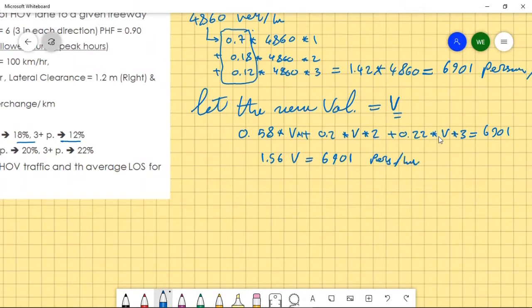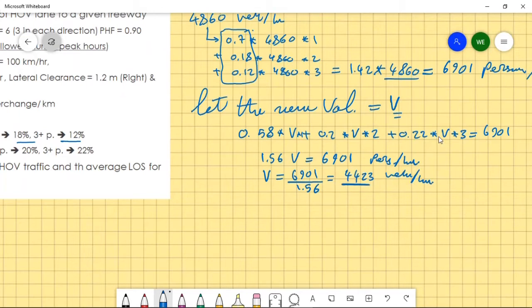The volume will be 6,901 divided by 1.56, which is 4,423 vehicles per hour. See, there is a reduction in the total traffic volume.